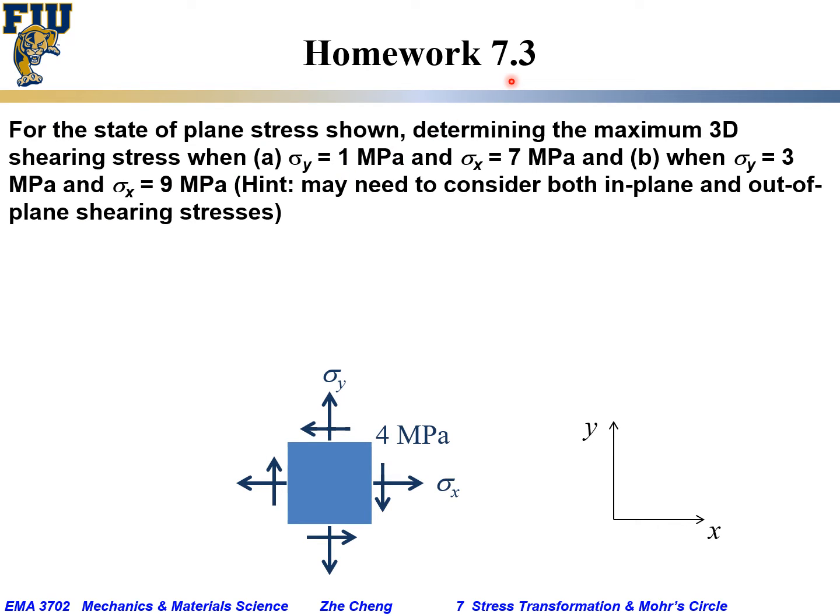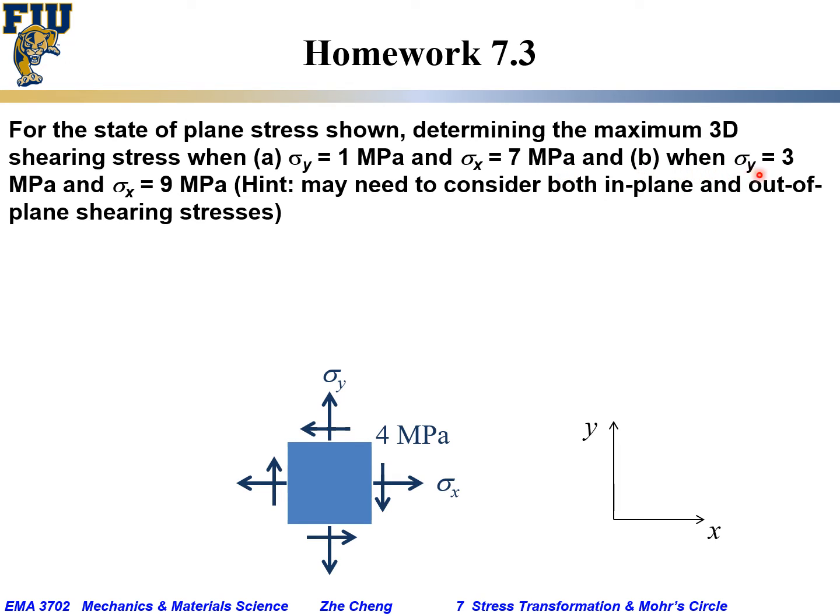Homework 7.3. For the state of plane stress shown, we want you to determine the maximum 3D shearing stress. When we say 3D, you may have to consider both in-plane and out-of-plane shearing stress. For two scenarios: one is when sigma y is 1 megapascal, sigma x would be 7 megapascal.